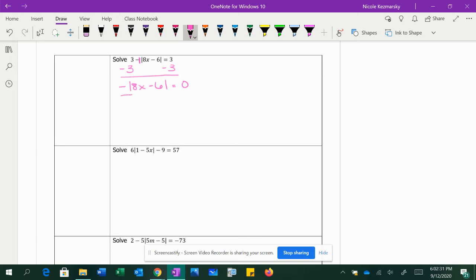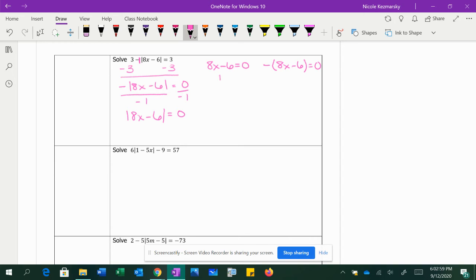Remember that this negative is really a negative 1, so I'm going to divide by a negative 1 and get absolute value of 8x minus 6 equals 0. And then I'll set up my two equations. So I'll say 8x minus 6 equals 0 and negative parentheses 8x minus 6 equals 0.